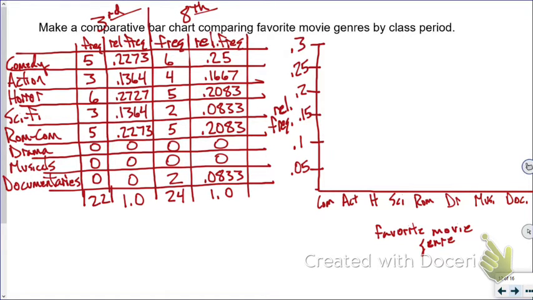I'm going to title this AP Stats Classes. And when we make this, we need to have a legend, because we're going to draw 2 bars for all the categories, and you won't be able to tell which is which. So for example, this first one is 22 and 25.